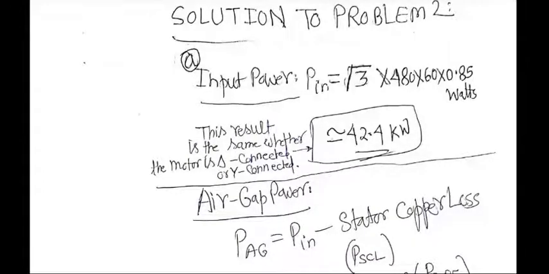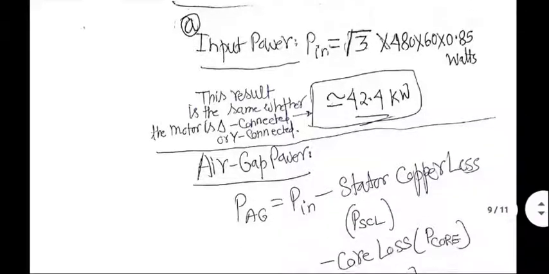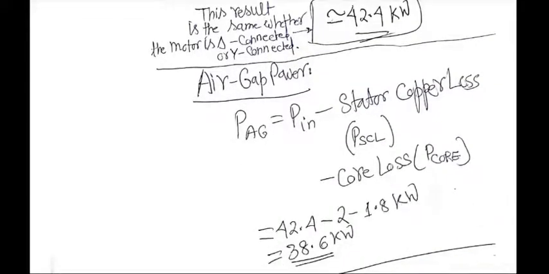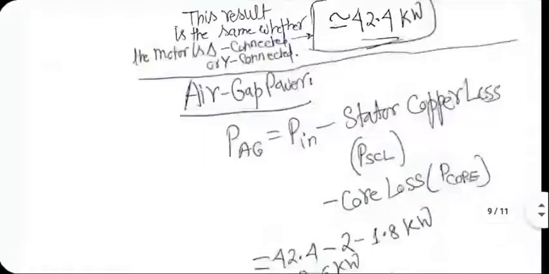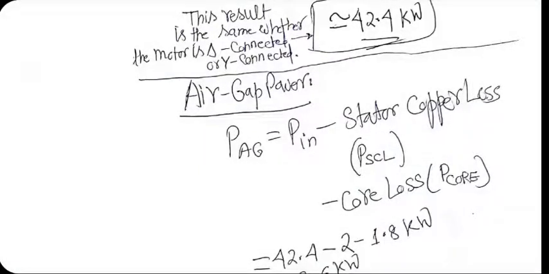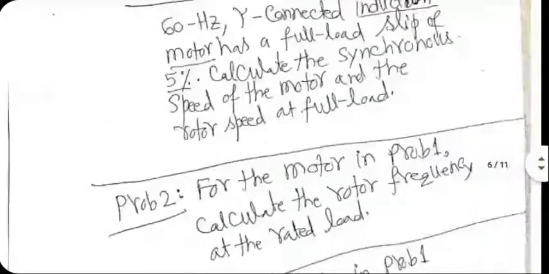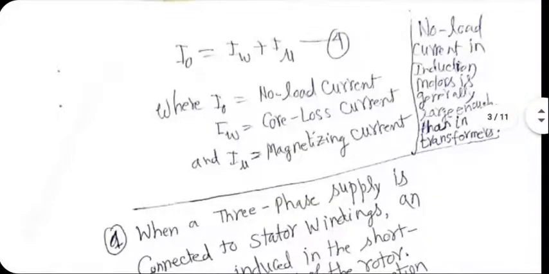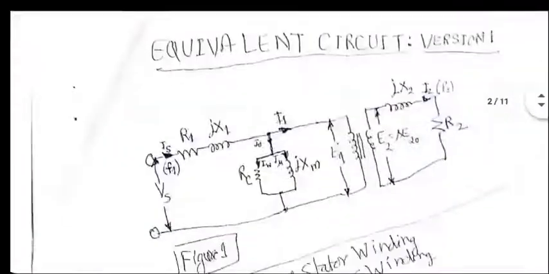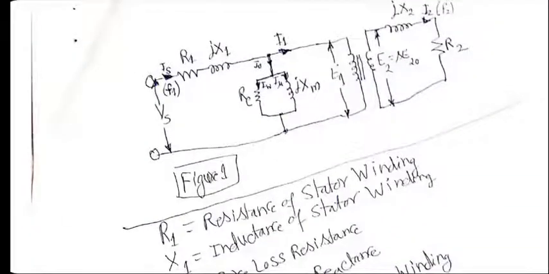Air gap power essentially means that from the input power, all the losses in the stator should be subtracted. And a stator has two types of losses. We have seen that in the equivalent circuit already. Copper loss, which is contributed by R1: IS square into R1, that will be the copper loss.